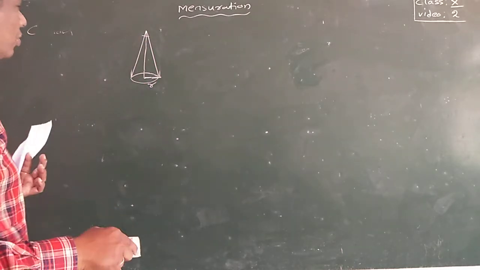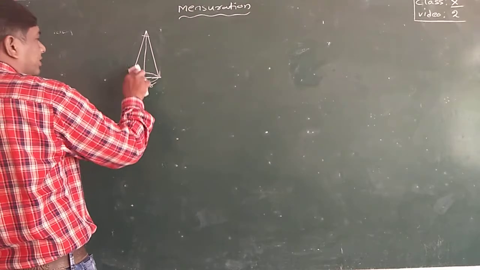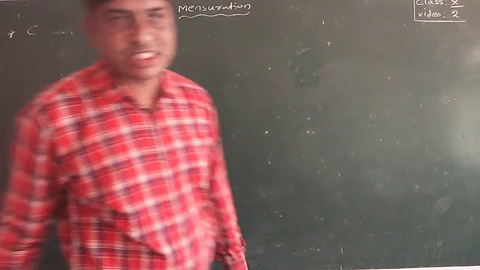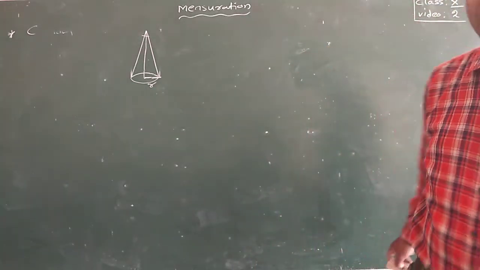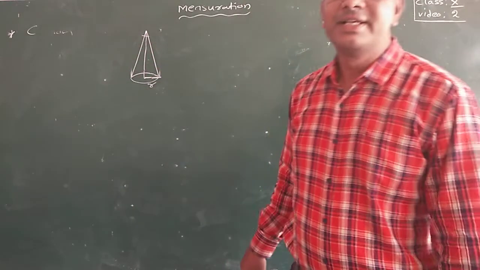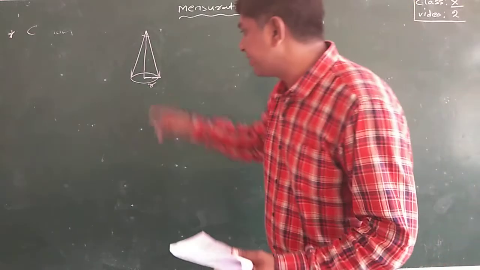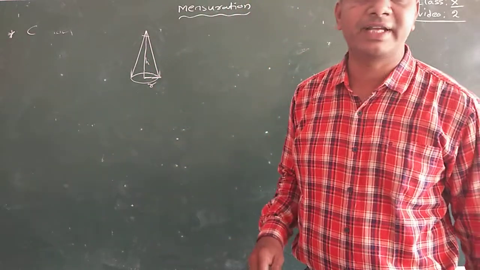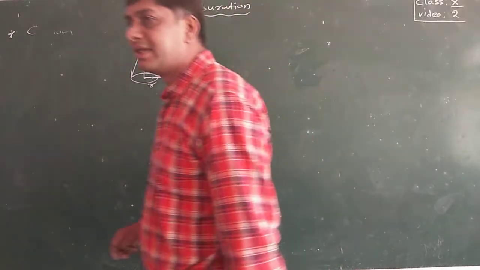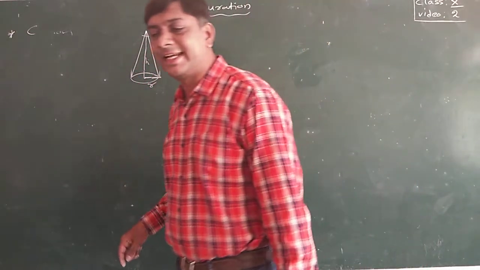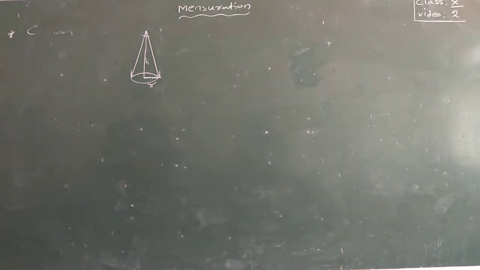So this cone is 1/3 part of the cylinder. The volume of this cone is 1/3 of this cylinder. Why? Because when you take the same radius and same height, that cone is a 1/3 part of the cylinder.